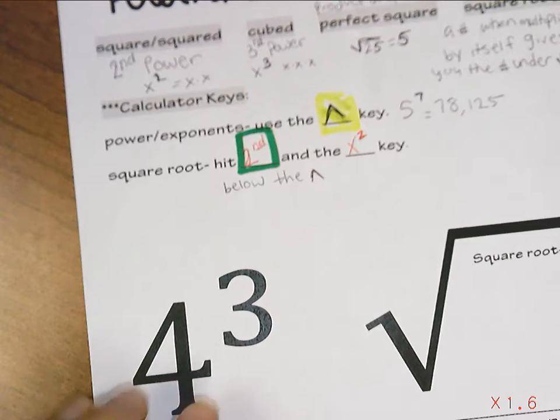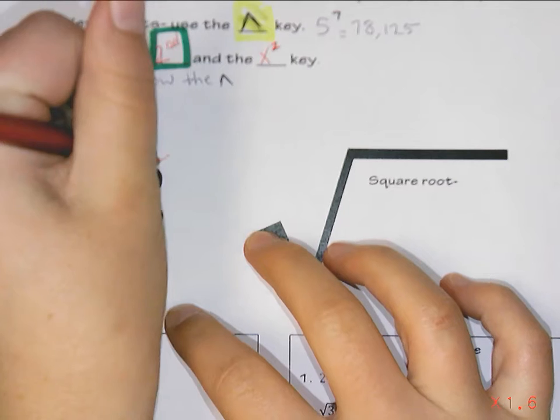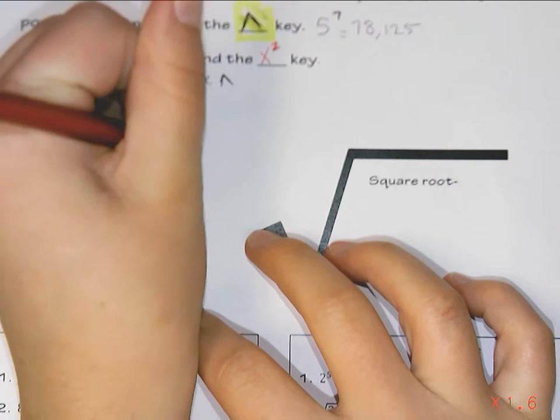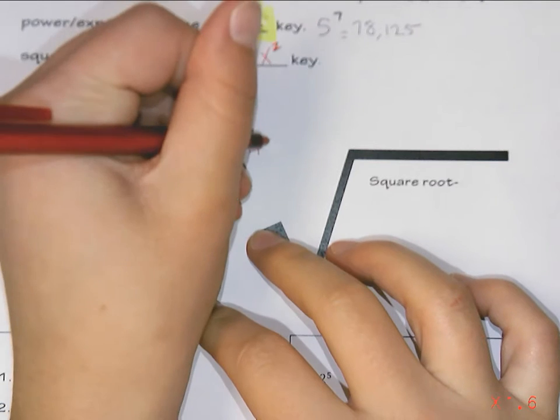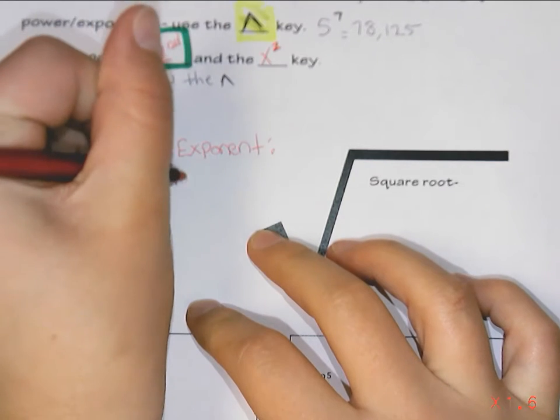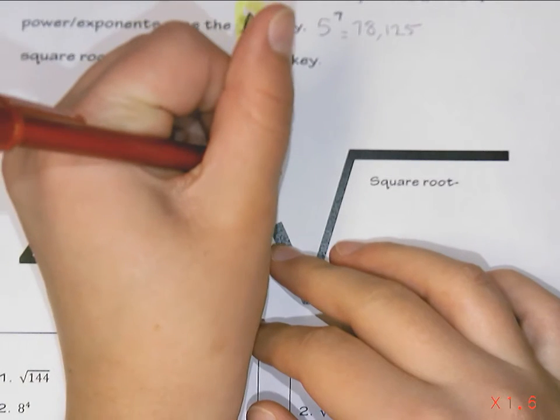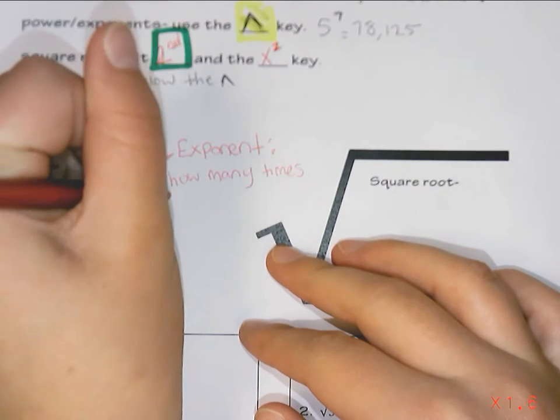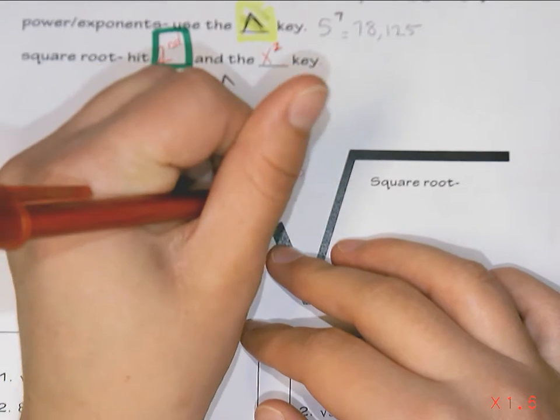Okay? So now what these numbers mean. When you're looking at 4 cubed, this 3, let's use red. The 3 is an exponent, and it tells you how many times to repeat the base.